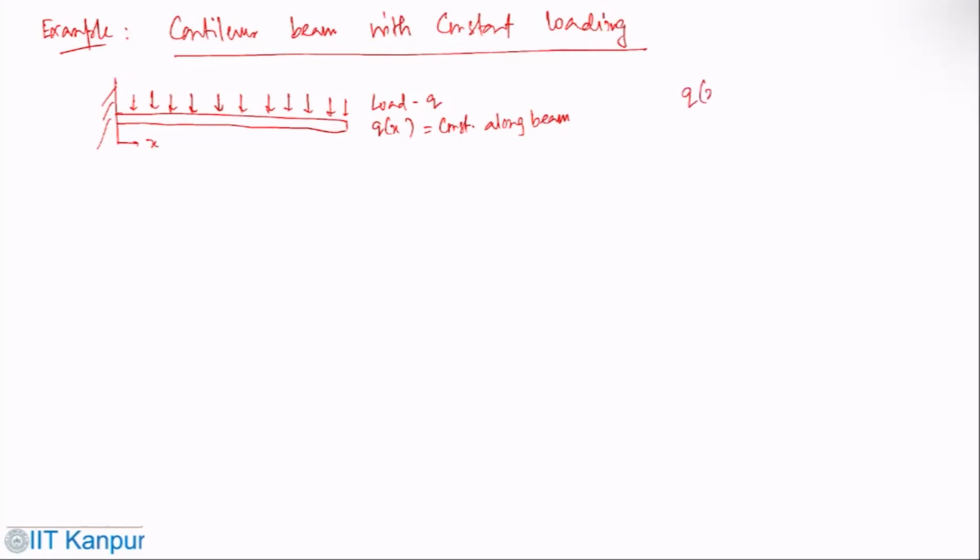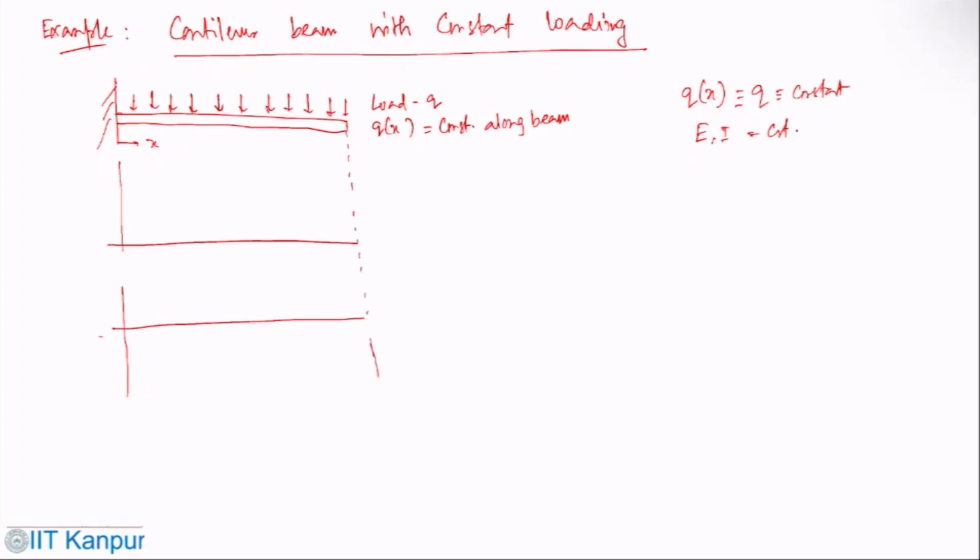So we have Q of X equals Q constant, and EI is also constant. We can get this diagram once we find out the system.